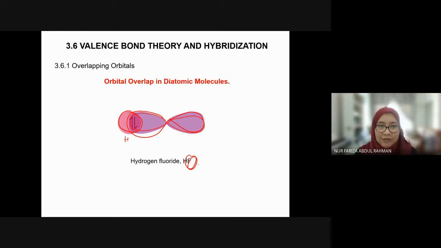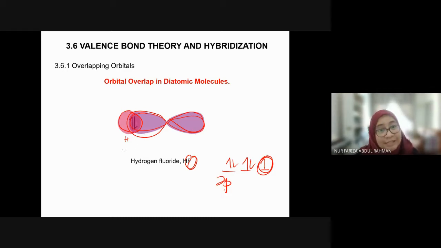The last sublevel, the highest sublevel or the valence for fluorine, is 2p. It's 2p5. There is one more unpaired electron, so it will pair with this hydrogen, the electron from hydrogen.